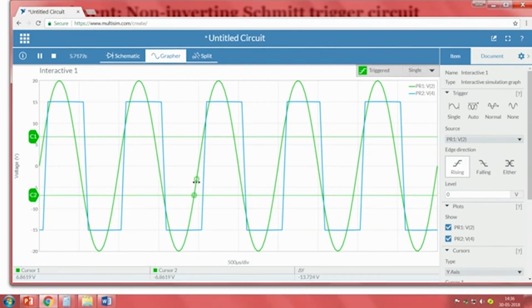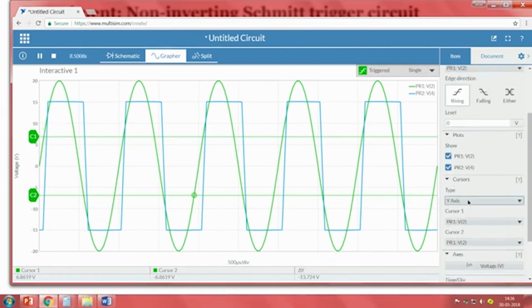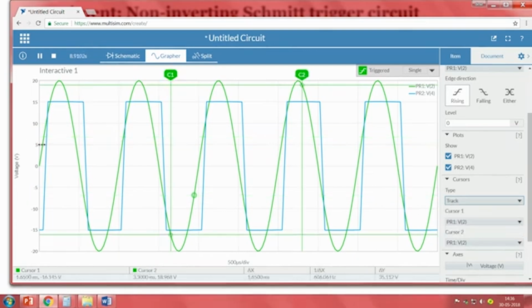Now, observe, when the input is greater than this particular value, it started moving towards this value, isn't it? Observe, or track, I will see where the input is.